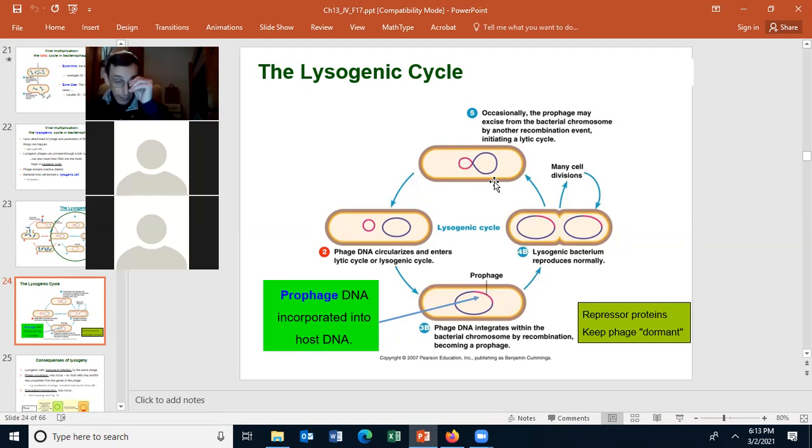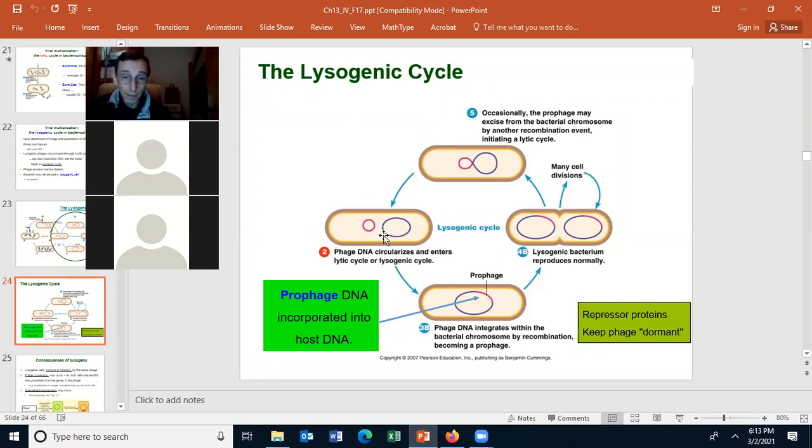And then let me reiterate, it isn't well known why the virus switches from the lysogenic life cycle to the lytic life cycle. That switch is not well understood, and I'm not going to get into it.